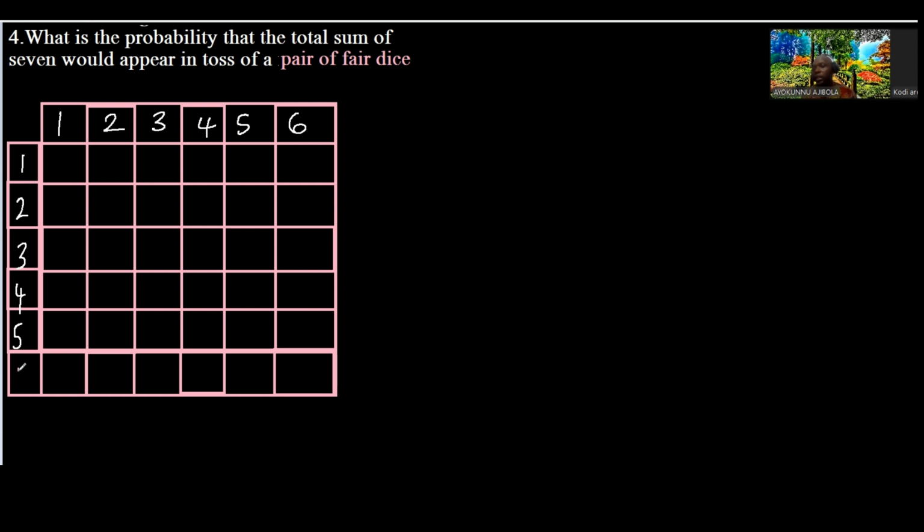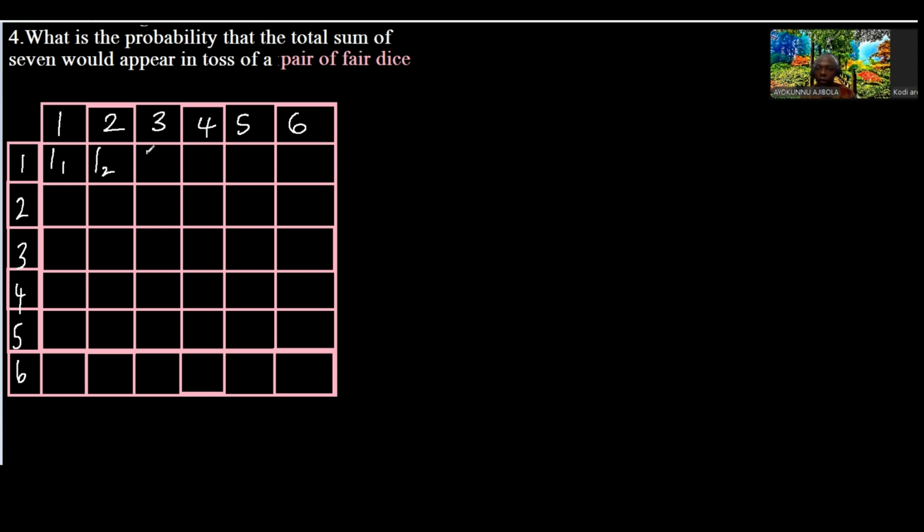So for the first die, we have 1 to 6. For the second die, we have 1 to 6. Okay. Yes, sir. So if the first die is showing 1 and the second die is showing 1 also, that's 1,1.